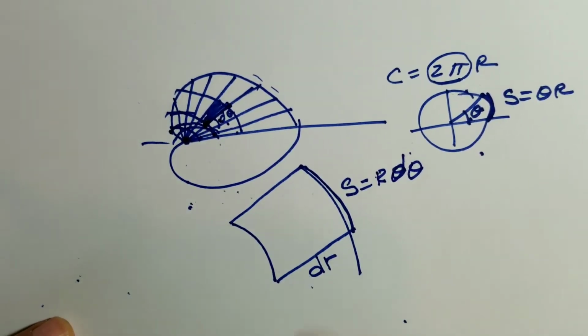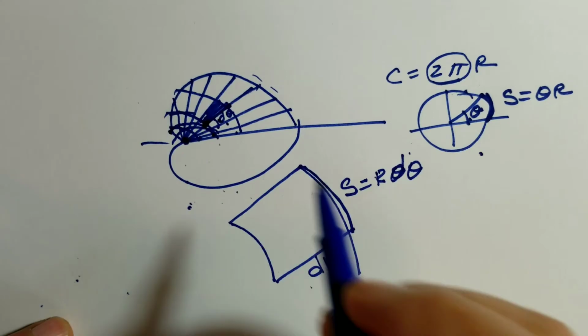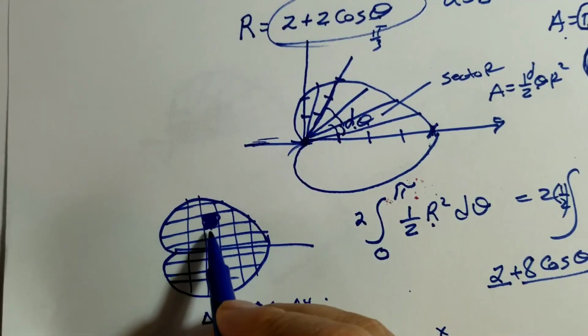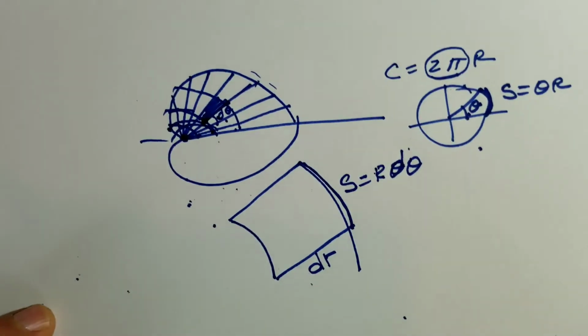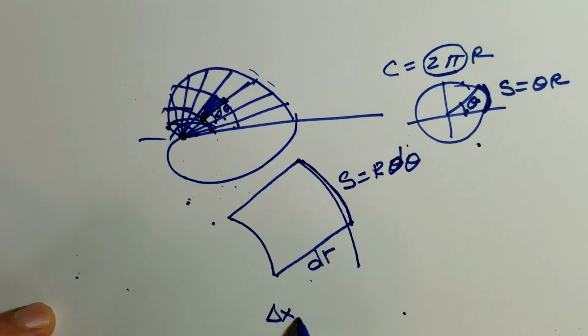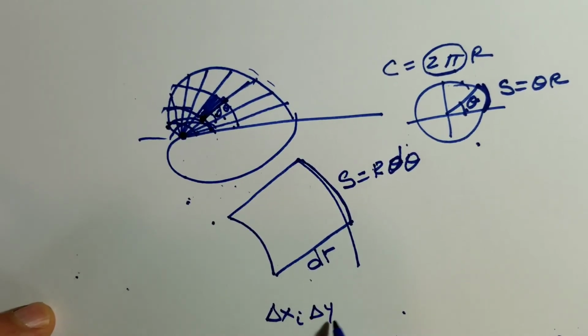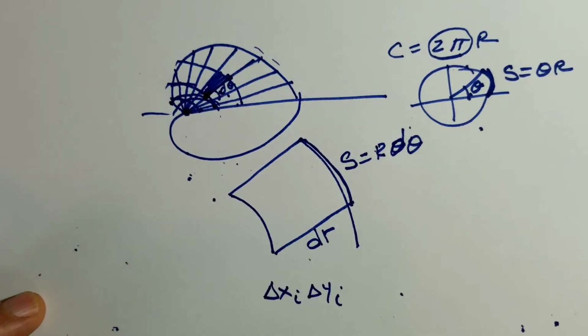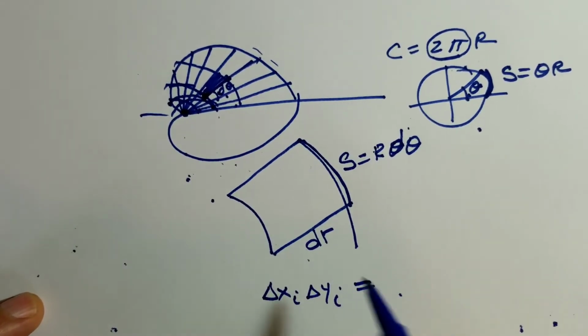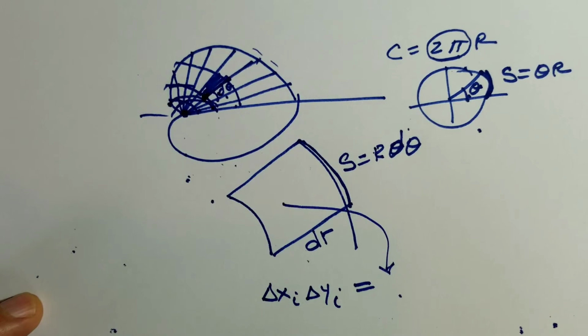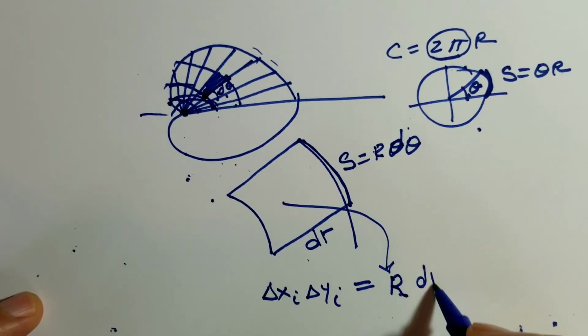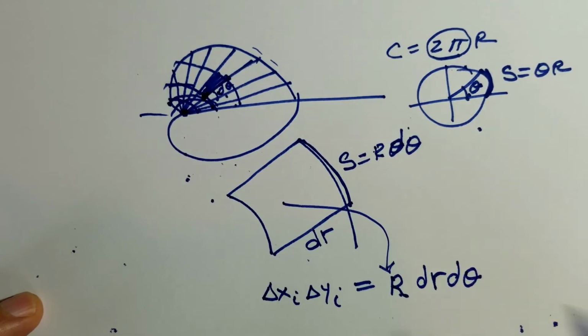Then from today, you have to know, if this one was a rectangle, we call it dxi, dyi. The i means the number of the rectangle, could be the first, the second, or the third. This is the same as that piece, and that piece is r dr d theta.